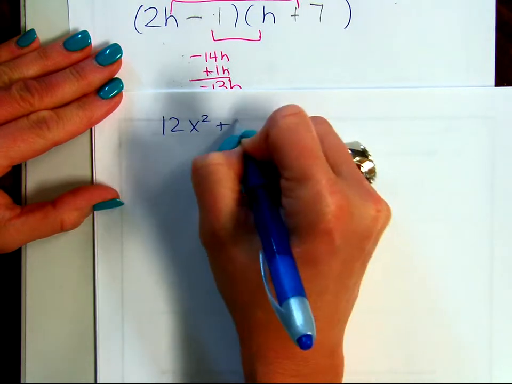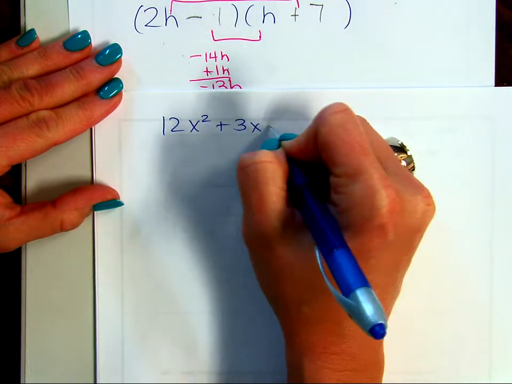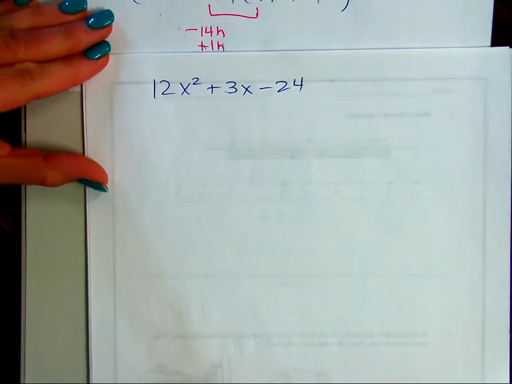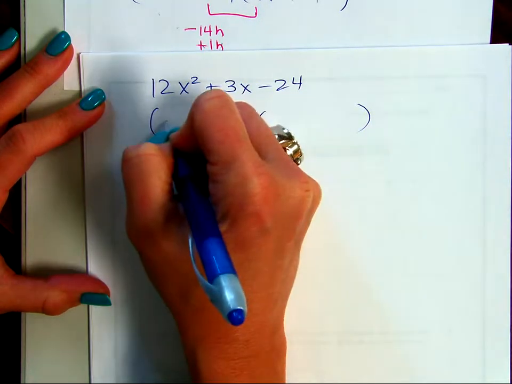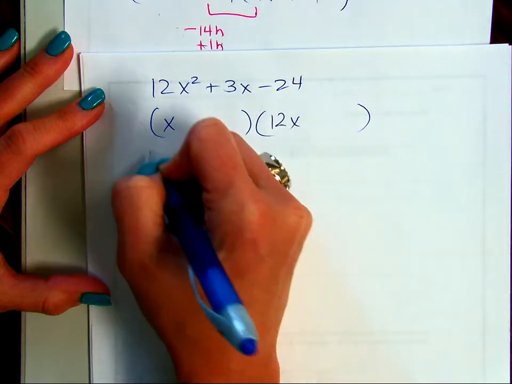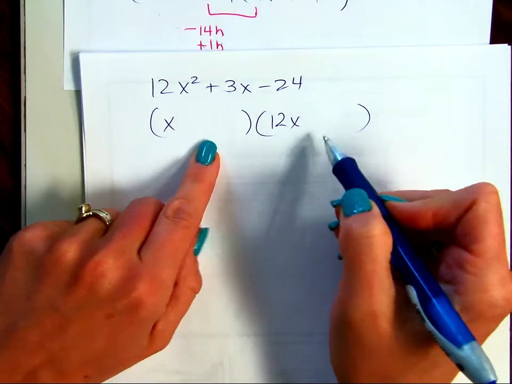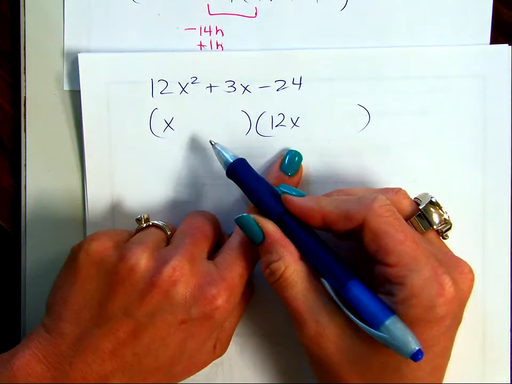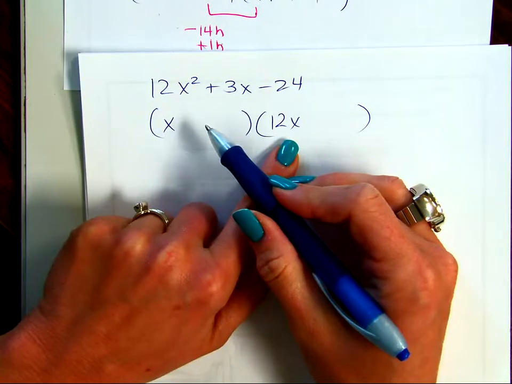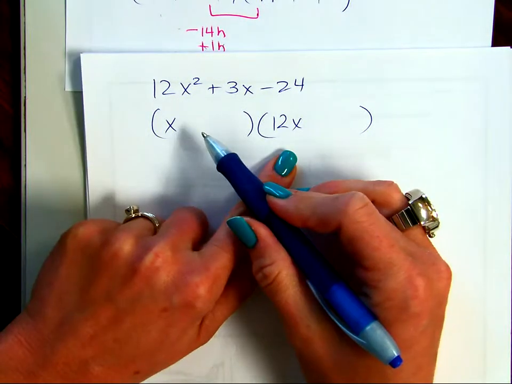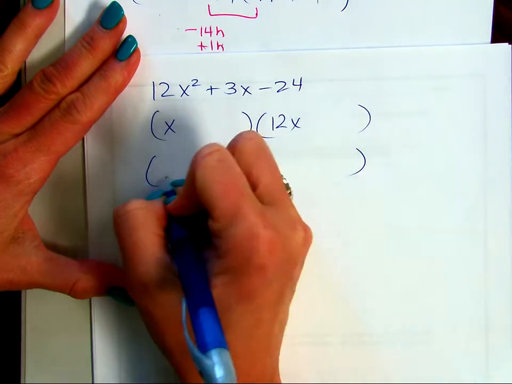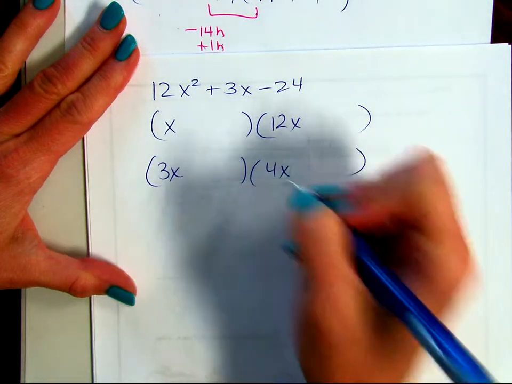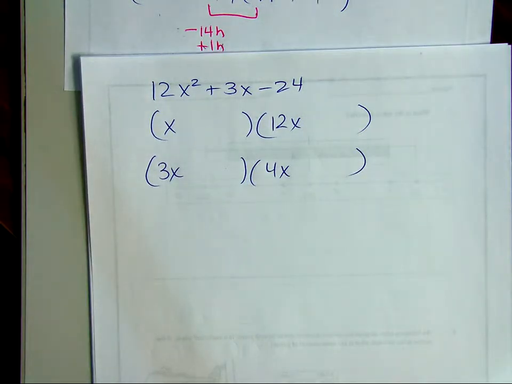Okay. Trial and error, not so bad until you get a problem that looks like, I gave the most crazy problem. And you may not see one like this, but if it was 12x squared plus 3x minus 24, it's probably not going to factor correctly. So let's think about this. You could technically say 12x times x. And with that, you could do 1 and 24, 24 and 1. 2 and 12, 12 and 2. 3 and 8, 8 and 3. 6 and 4, 4 and 6. And what if none of those worked?